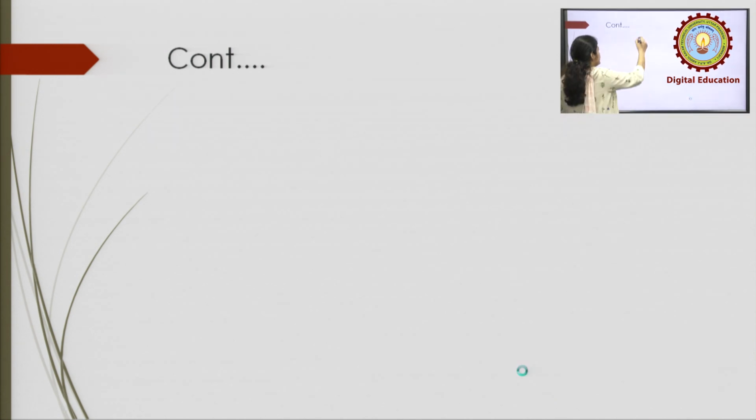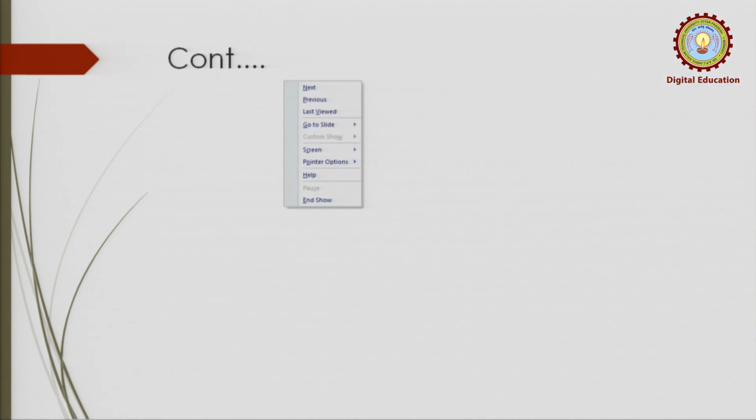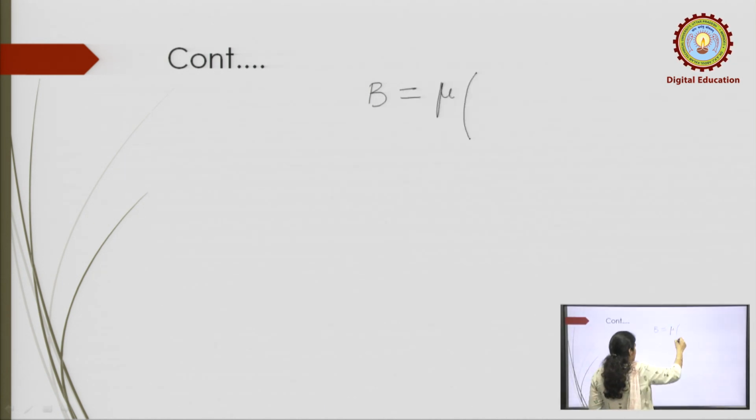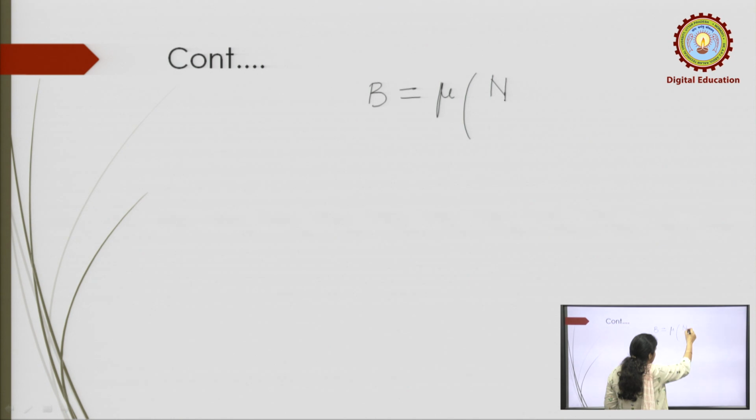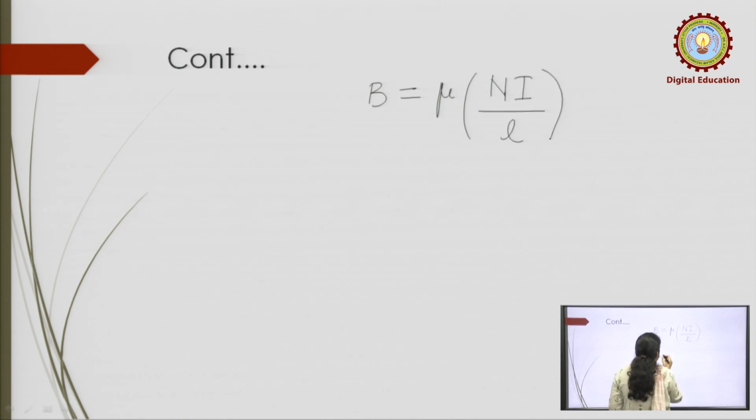So, in the next slide, B is equal to mu H, that is mu N I divided by L. Okay.